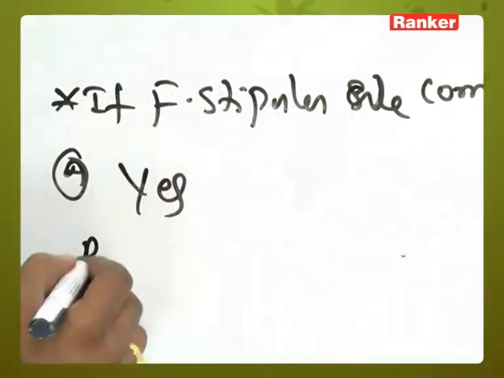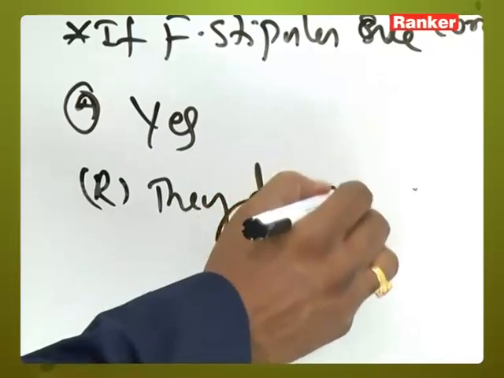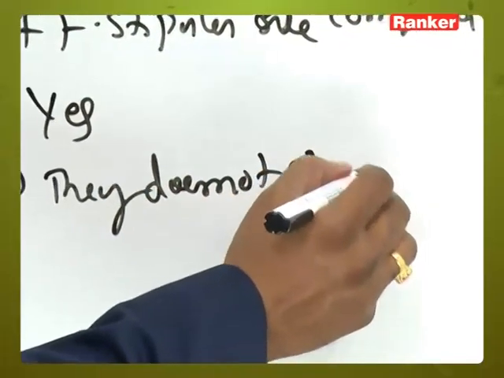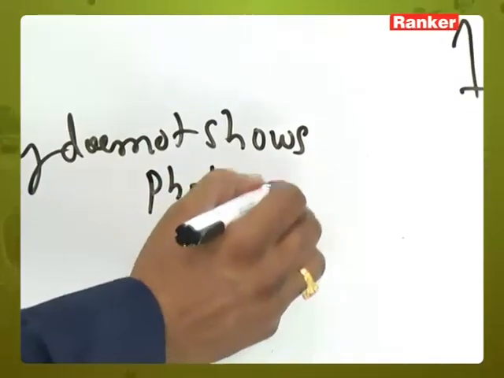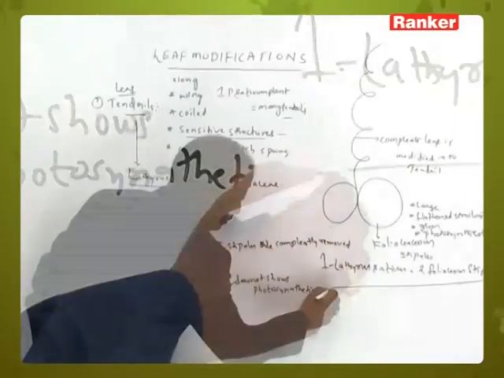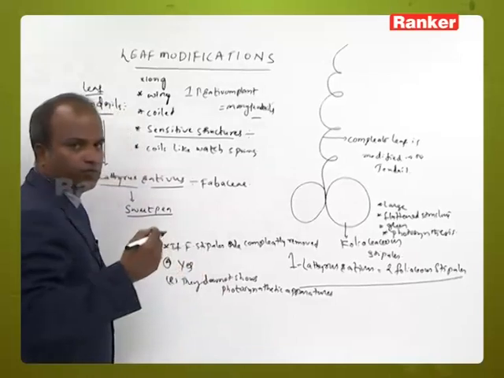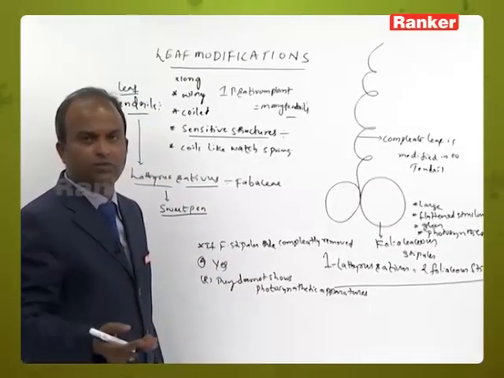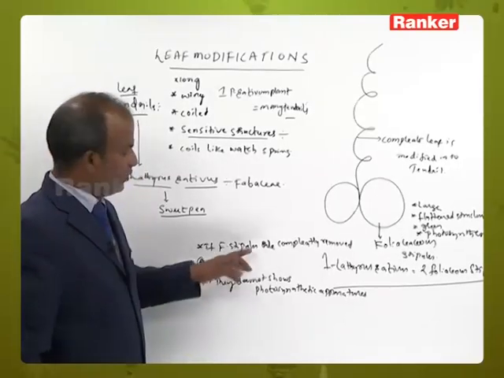It does not show photosynthetic apparatus, due to which the plant cannot synthesize its own food material. The plant is not supplied with food material, due to which it will die if foliaceous stipules are completely removed.